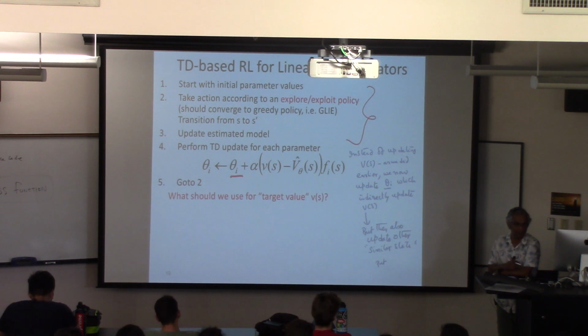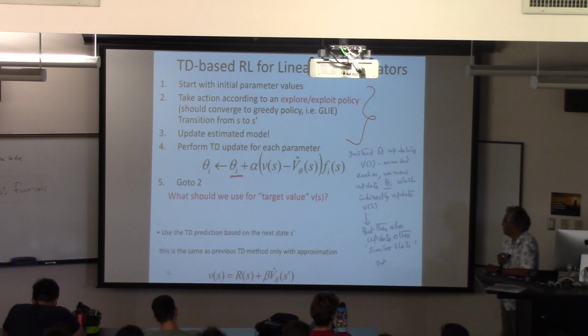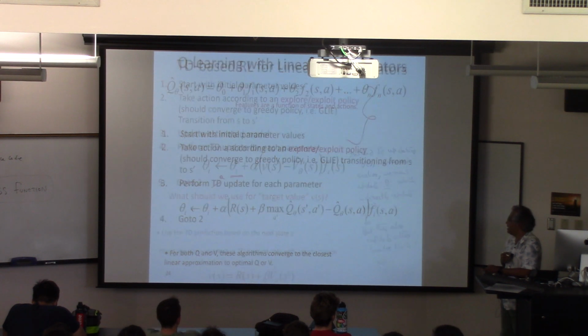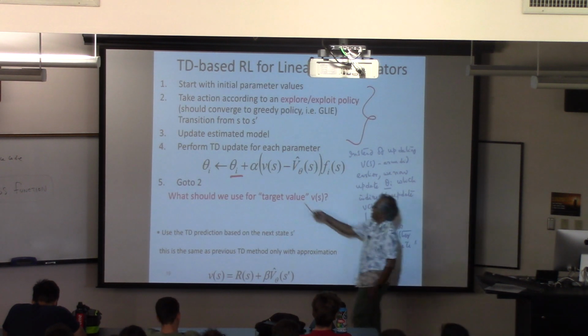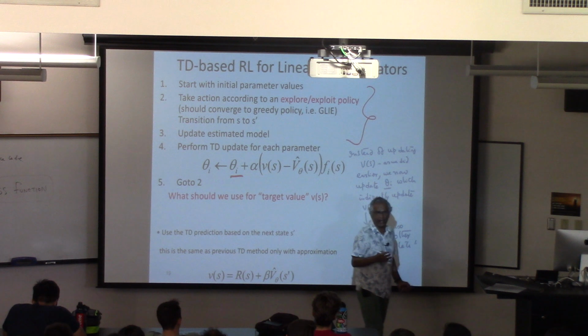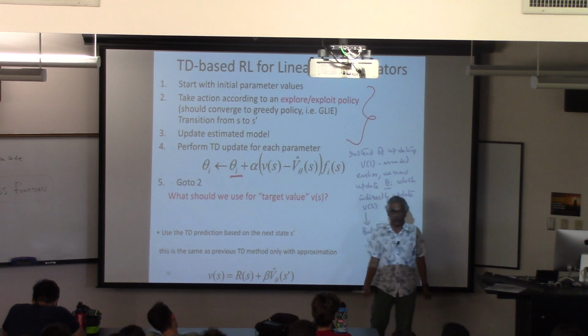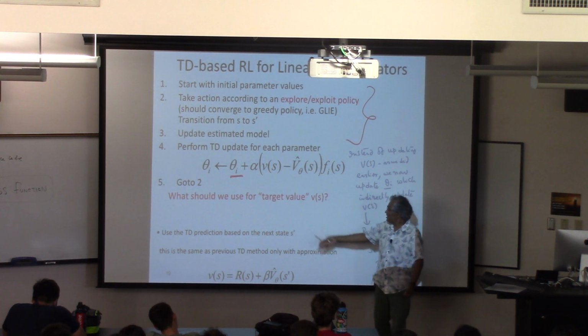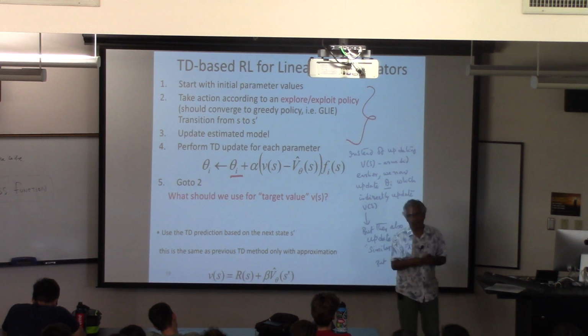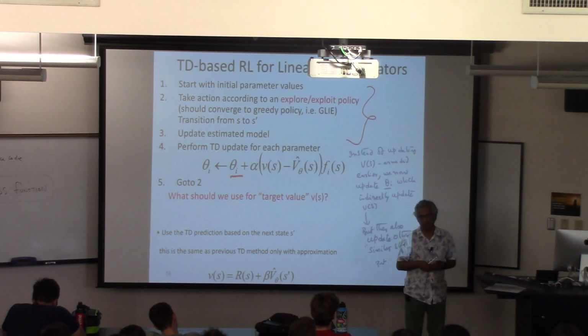So in particular, what we are doing essentially is this Vs, the actual value that you are trying to push the V theta towards, is given by your temporal difference formula. You see what I'm saying?